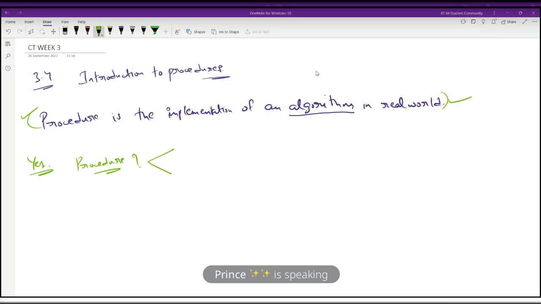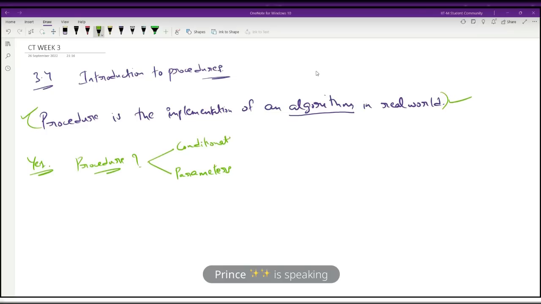The parameters and the algorithm. Yeah, parameters is definitely one of the points. And an algorithm has conditions, right?